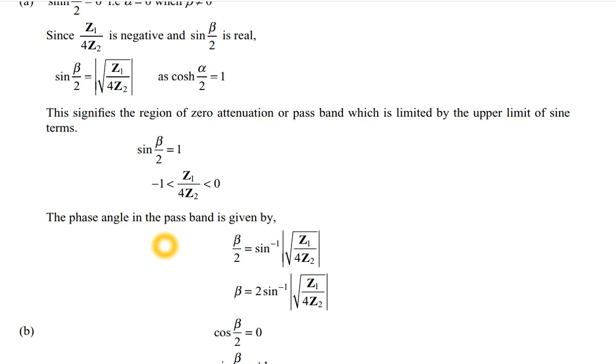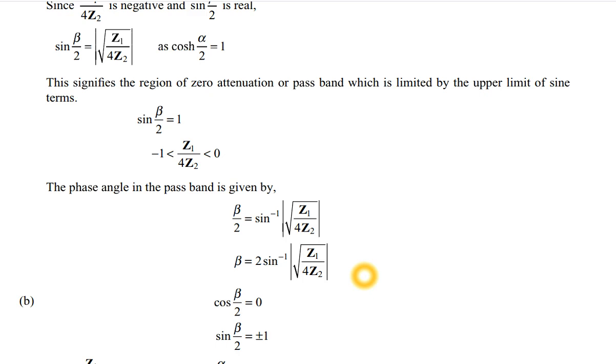Now the phase angle in the pass band is given by the expression beta by 2 equal to sine inverse of modulus of square root of z1 by 4 z2. This modulus indicates the positive value. So beta will be equal to 2 sine inverse of modulus of square root of z1 by 4 z2.